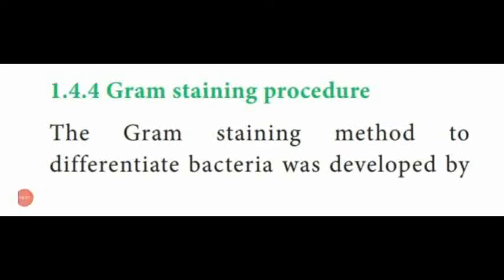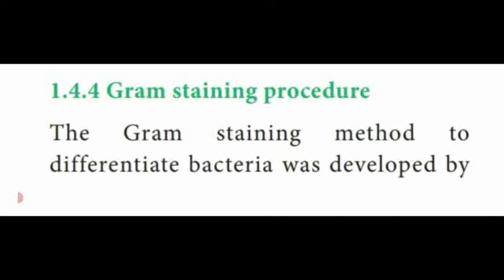Dear students, next we are going to see the Gram staining procedure. This is the method to identify the different types of bacteria, that is gram-negative bacteria and gram-positive bacteria.